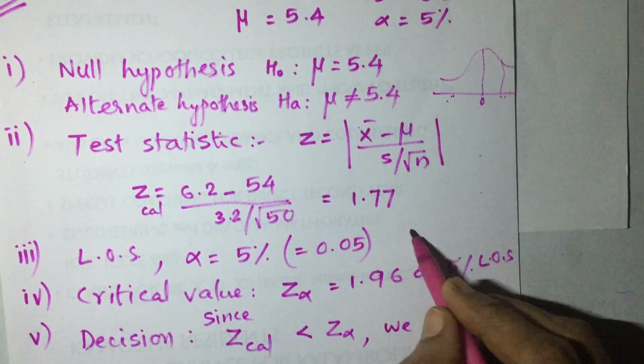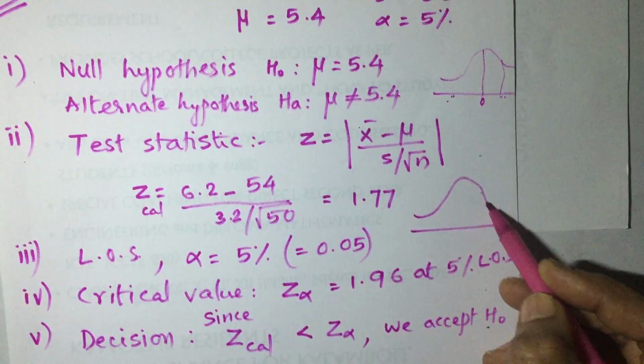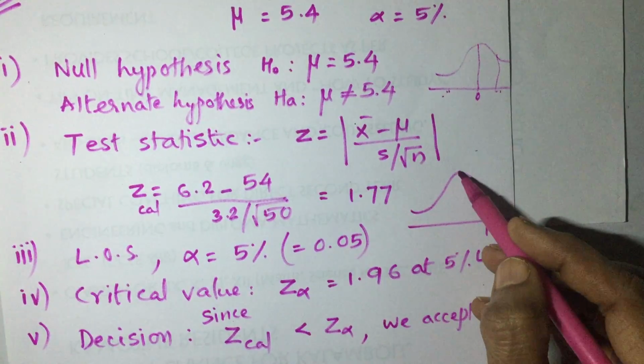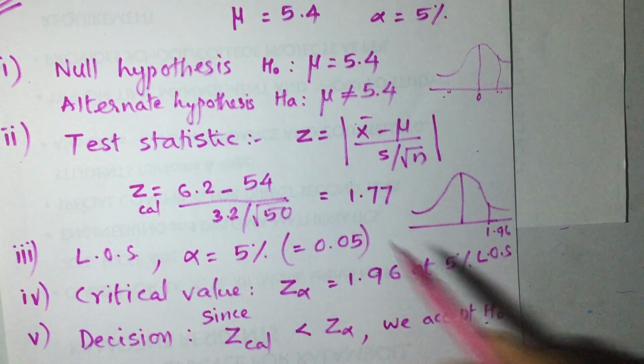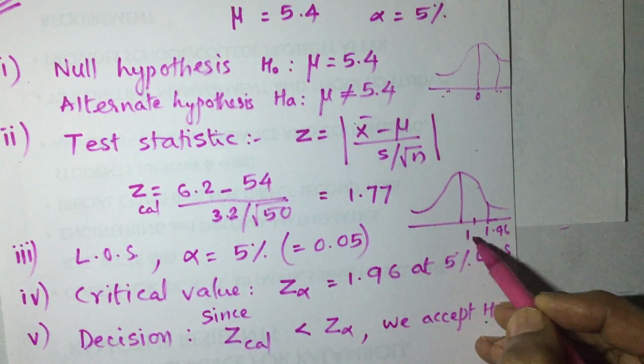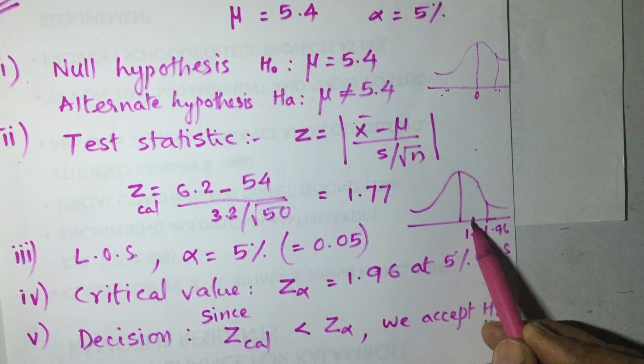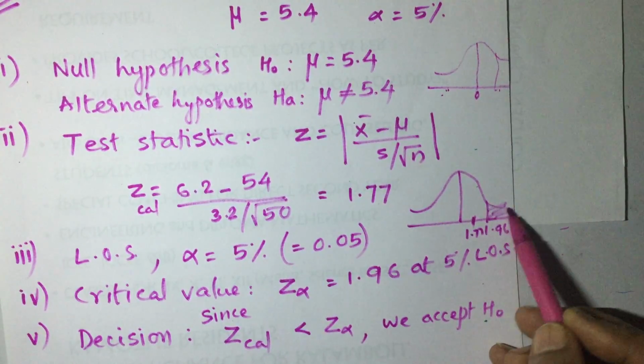If you consider a curve, Z alpha is 1.96 here, and the calculated value 1.77 comes before this 1.96. So this is the region of rejection.